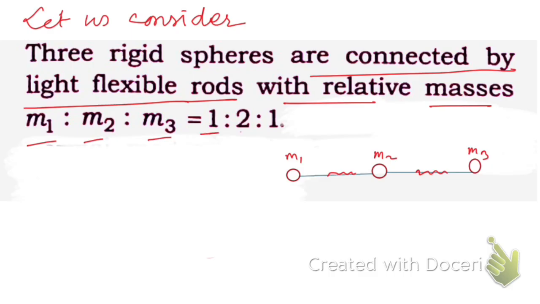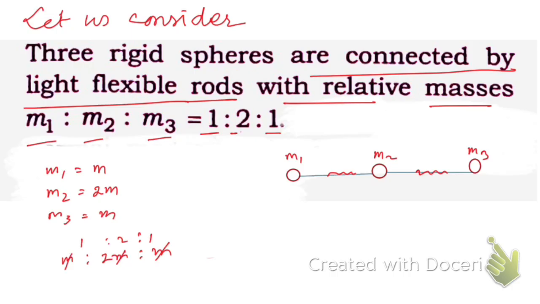As they are in the ratio 1:2:1, we can consider that m1 is equal to m, m2 is equal to twice m, and m3 is again m. Because if you find the ratio of m, twice m and m, you are going to have 1:2:1, right? Hope you have understood this.